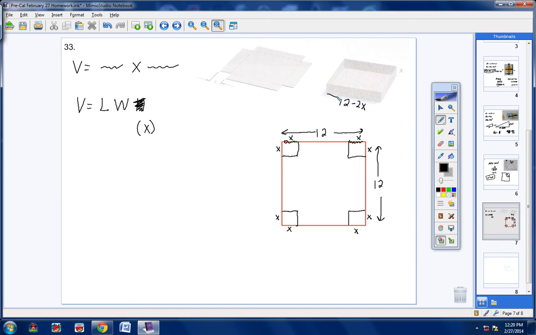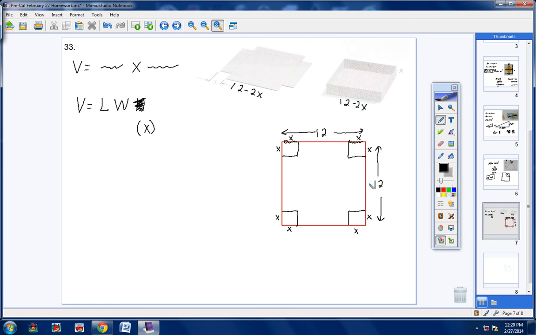This is a hard problem, but we can look at it like this. I think it'd be better explained if I did this. See this right here? This would be 12 minus 2x, this length from here to here, because you cut away an x and you cut away an x right here. So that's important, because now I know this length right here is 12 minus 2x.